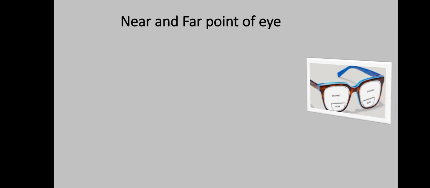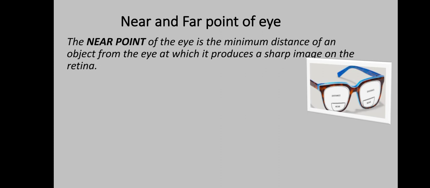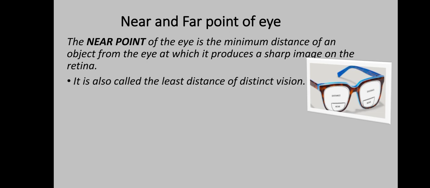Now what is meant by the near and far point of the eye? The near point of the eye is the minimum distance of an object from the eye at which it produces a sharp image on the retina. It is also called the least distance of distinct vision, which means it is the shortest distance at which the eye can see objects clearly.